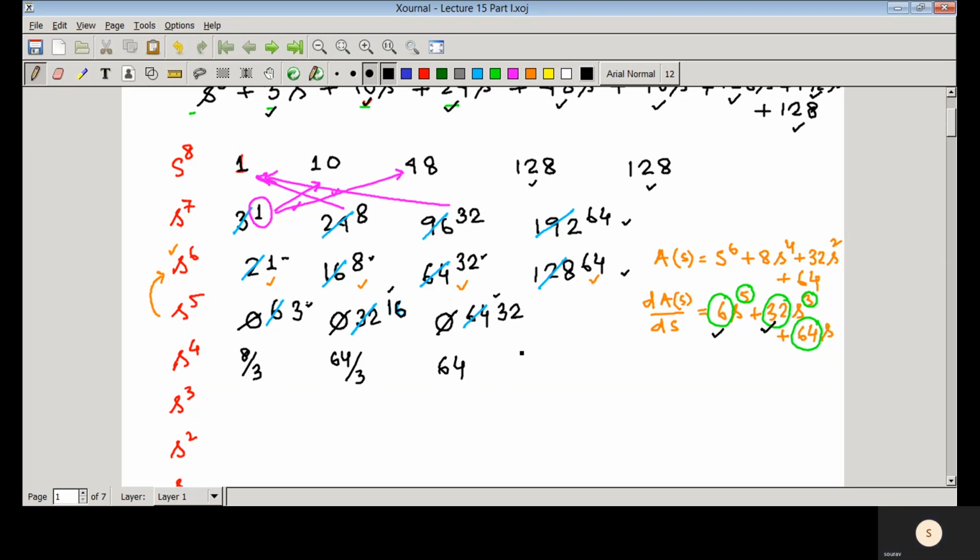So now if you take 3 by 8 common here, then you have this one equal to 1, this term would be equal to 8, and this term would be equal to 24.